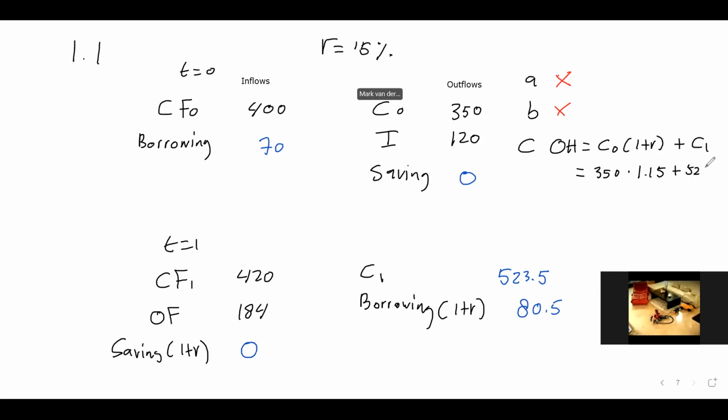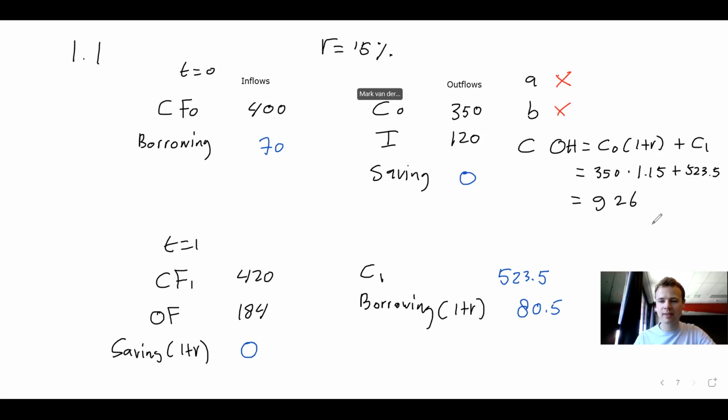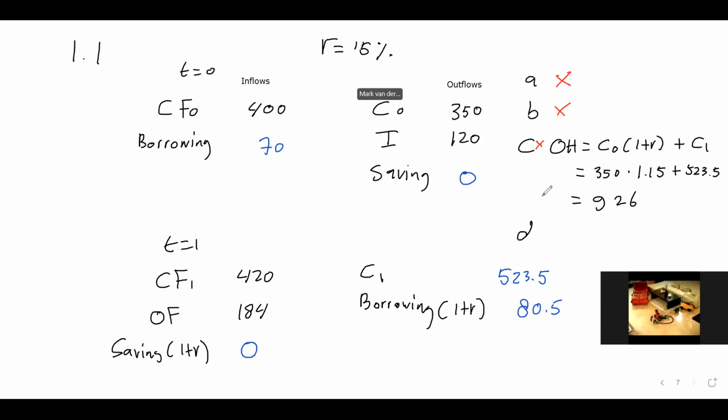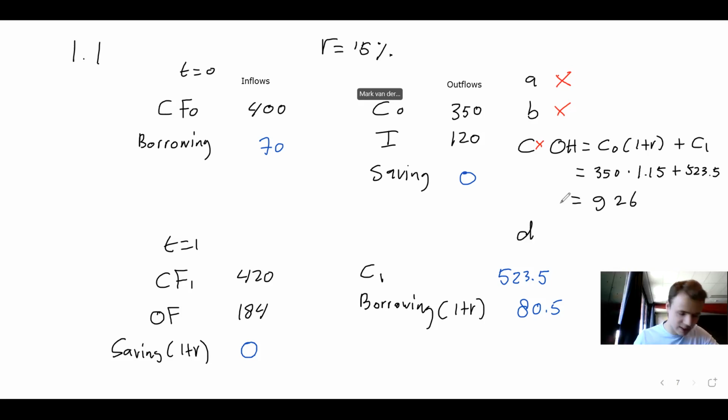And then if you add 523.5, you get 926. Yes, perfect. So that means C is false, right? And then D is correct, right? There they say OH is 926. Perfect, Eyal. Thank you very much.